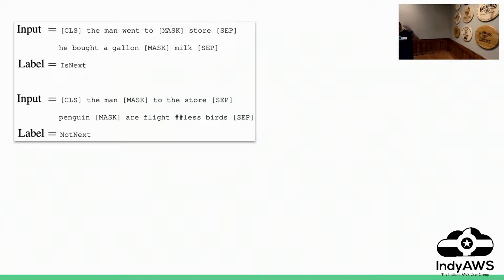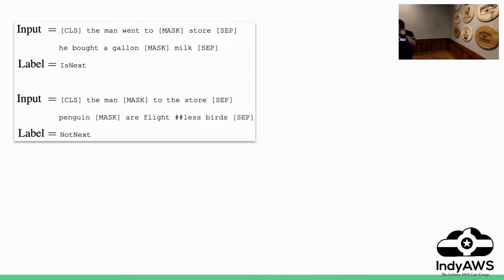So the way they trained it was, they had 2 tasks. They let the neural network learn and solve 2 tasks. And this was all done in a completely unsupervised way. You don't have to go through any data. You don't have to label any data. That's the beauty. So the first task they did was, given a pair of sentences, do they follow each other? Is the second the next one?